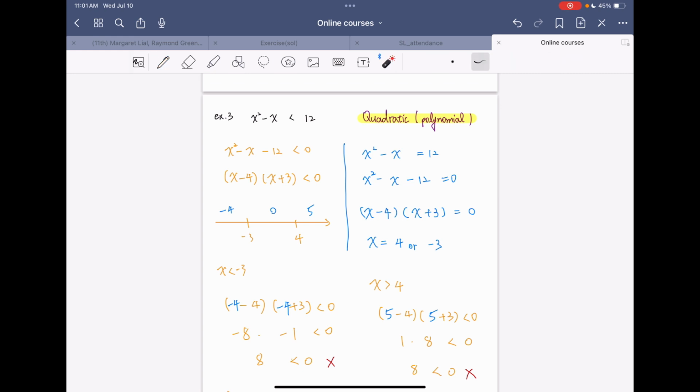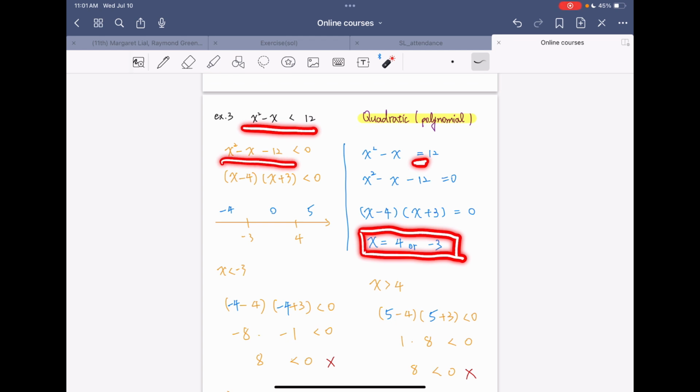First, we're going to solve our question in the polynomial way, and then we got the points. This point will tell us how to cut the range, but at the same time, we also have to solve this into an easier way, so it will help to ease our calculation.